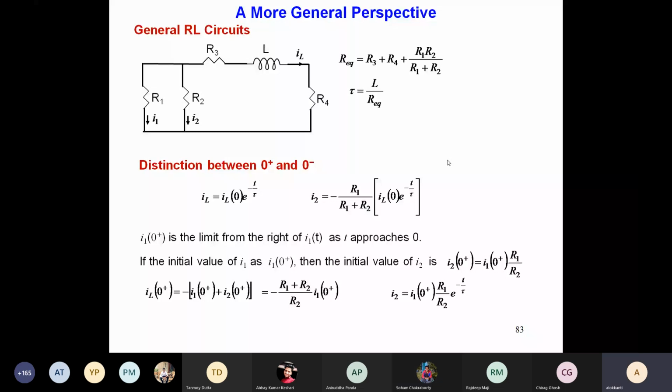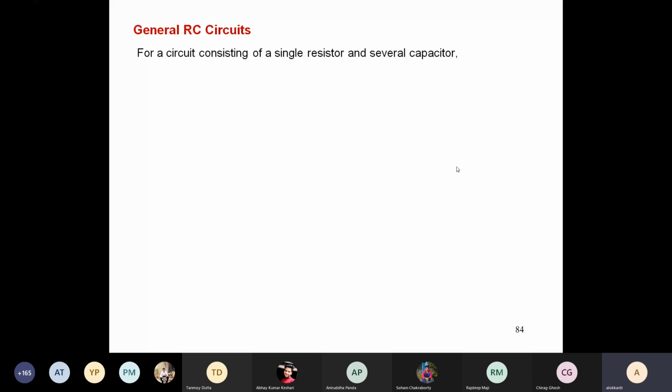Similarly, if you have RC circuits consisting of a single resistor and several capacitors, your tau is equal to R into Ceq. If there is more than one capacitor, it will be tau equal to R Ceq.